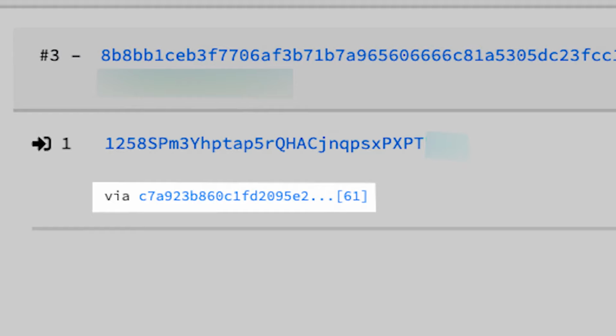And so that C7A9 number, that's another transaction. And this bracket 61 is telling you that the 61st output of that transaction is where those 1 million Satoshis came from.